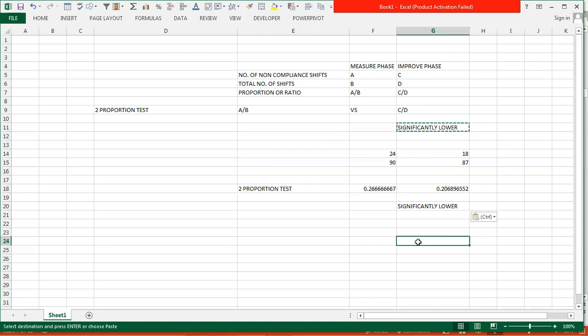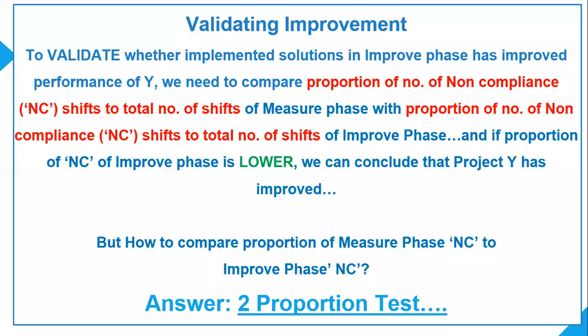let's go to our presentation. We were here, so let's repeat: validating improvement. How are we going to do it? To validate whether the implemented solutions in the improve phase have improved the performance of Y, we need to compare the proportion of non-compliance, that is NC shifts, to total number of shifts in the major phase, with the proportion of NC shifts to total shifts in the improve phase.